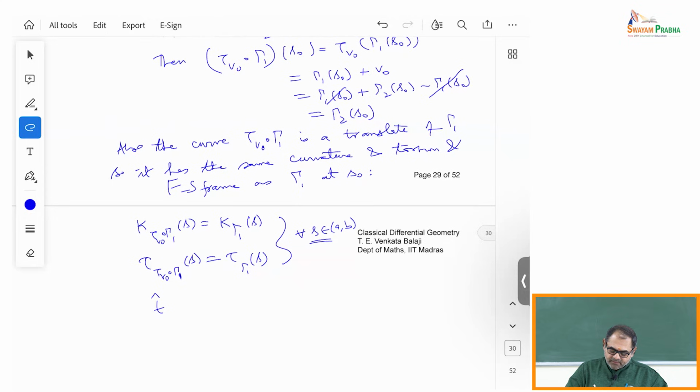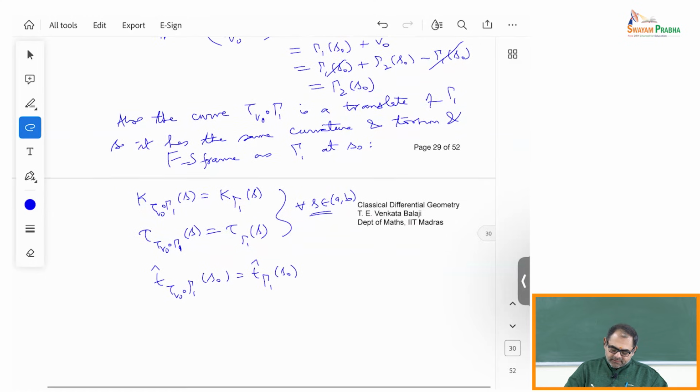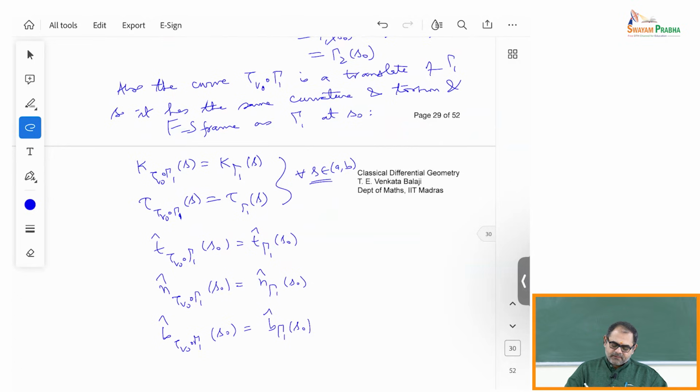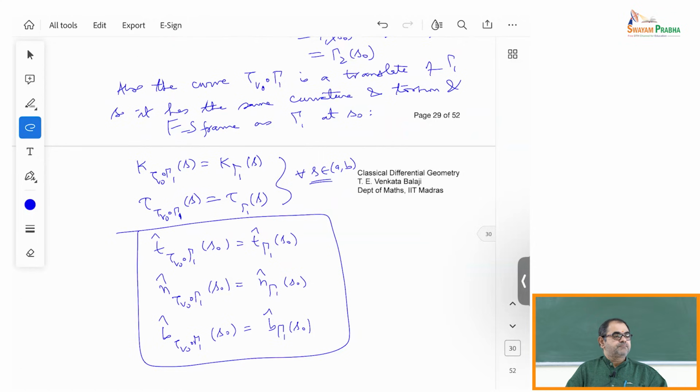So I can write T cap of TV naught circle gamma 1 of S naught is equal to T cap of gamma 1 of S naught, N cap, and similarly for B cap. Okay. So you have the Frenet-Serret frames are the same, right?